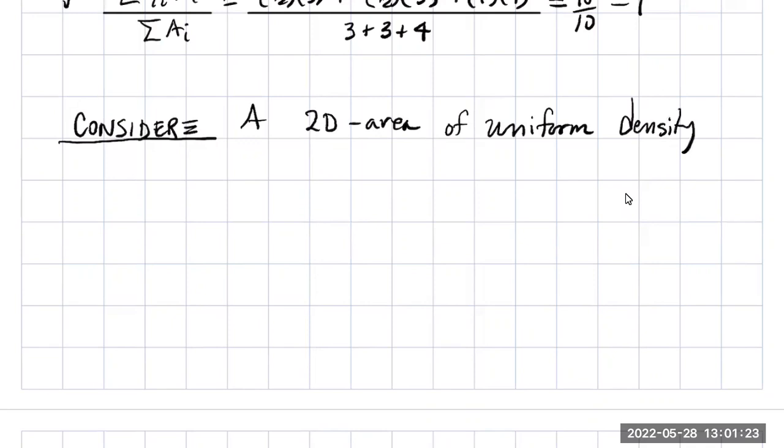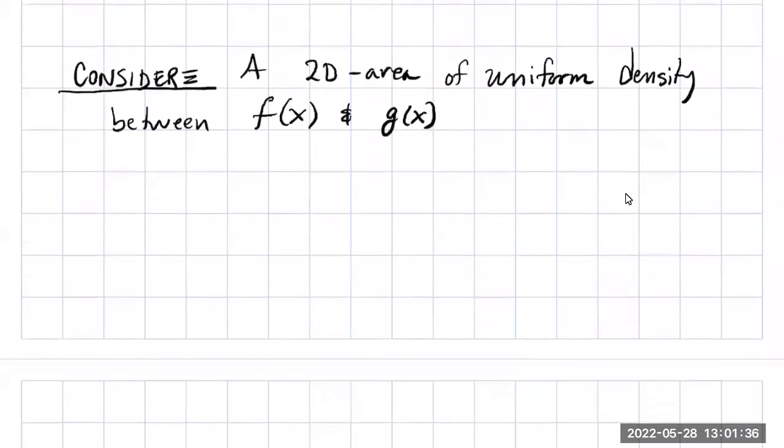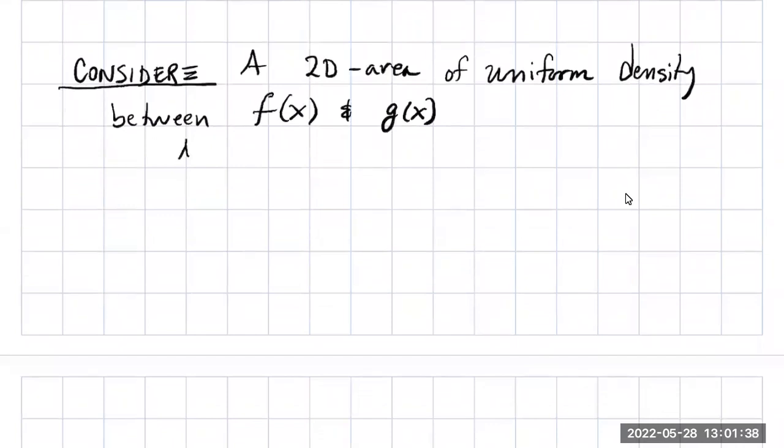We'll have a two-dimensional region of uniform density, and let's say that it is trapped between the graphs of two functions, f of x and g of x. So maybe it looks something like this.